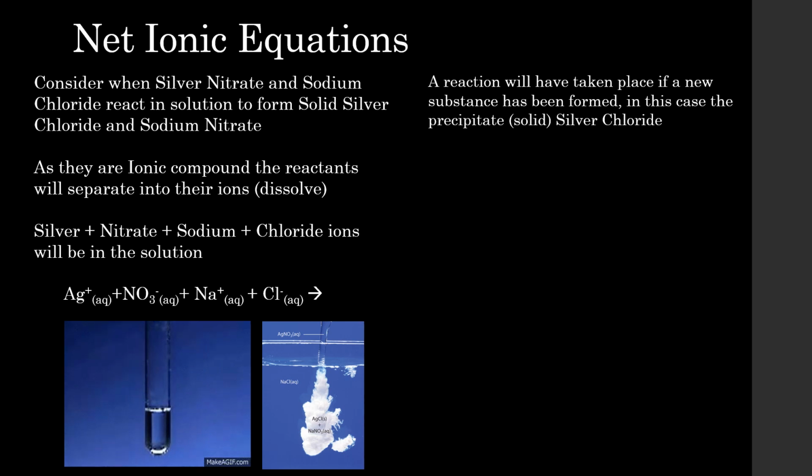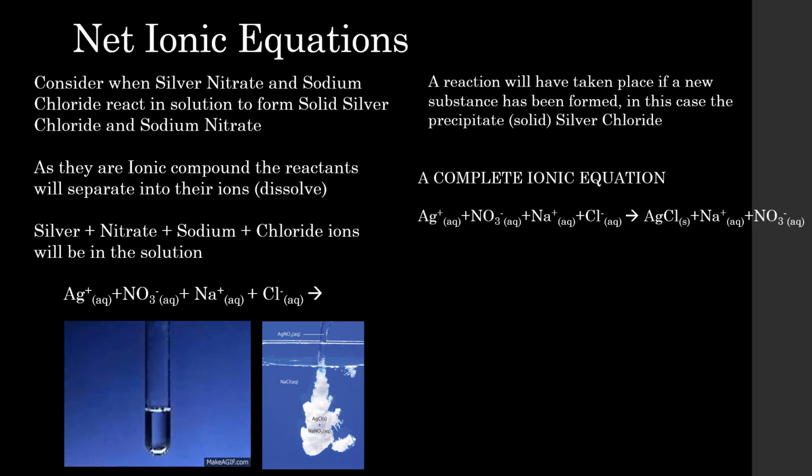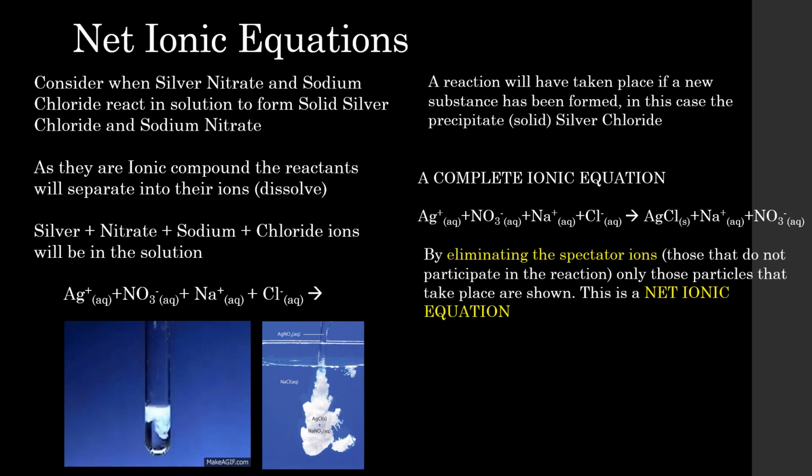Now, the reaction has taken place because a new substance has been formed. And if we were to write this as a complete ionic equation, I've written all the ions available there. And what we can do is eliminate those ions that do not actually take part in the process, and we're going to call this a net ionic equation.